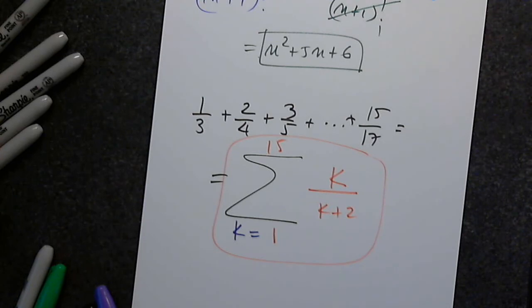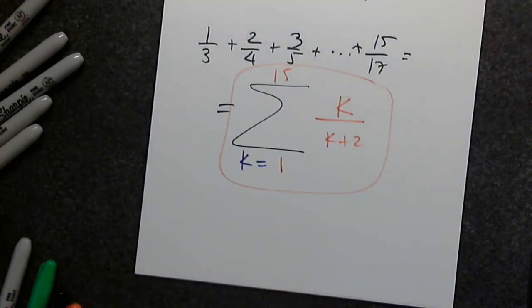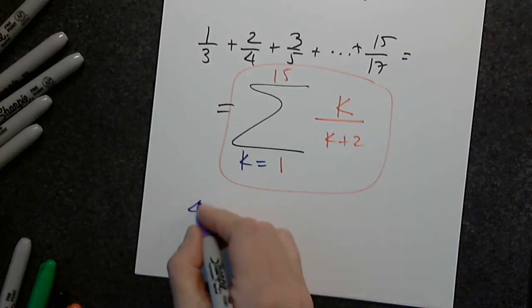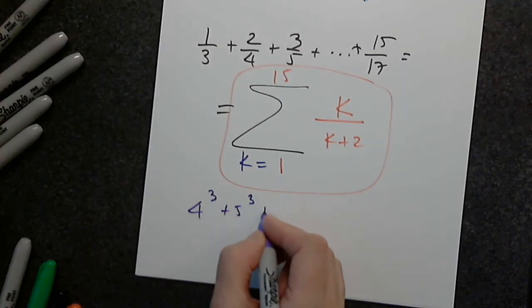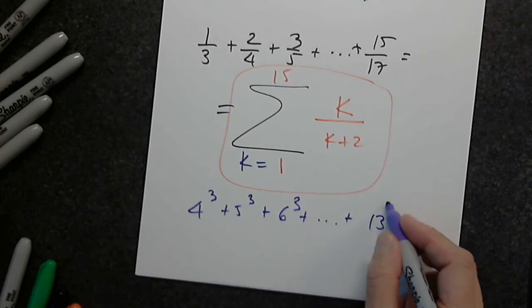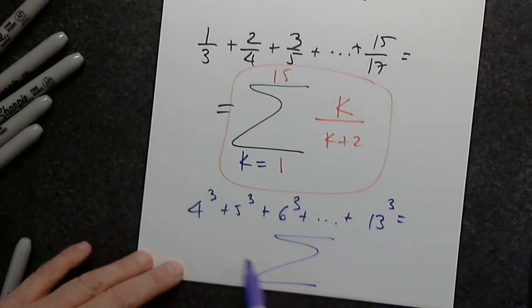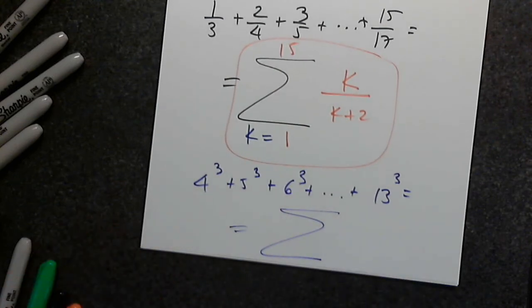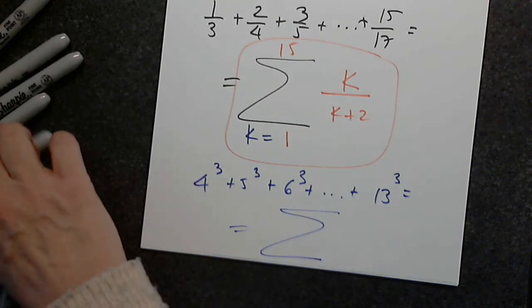Should we look at another? Yes, please. Perfect. 4 cubed plus 5 cubed plus 6 cubed plus ... plus 13 cubed. Again, they want us to write a summation. The index doesn't have to start at 1. So it depends on what we have.